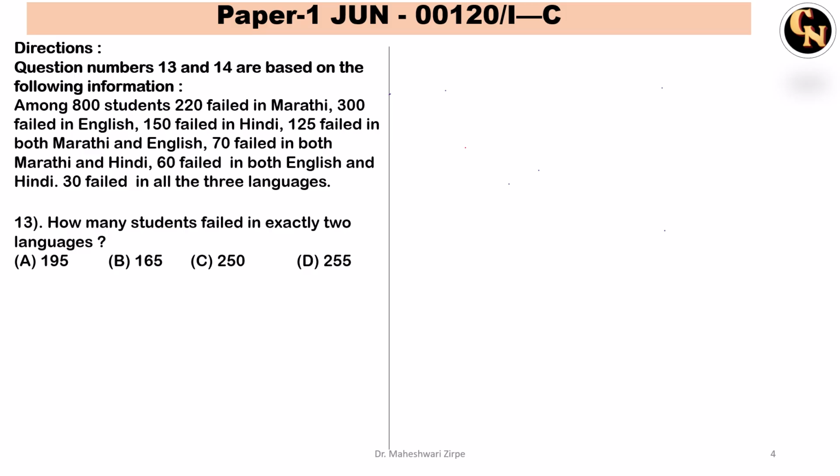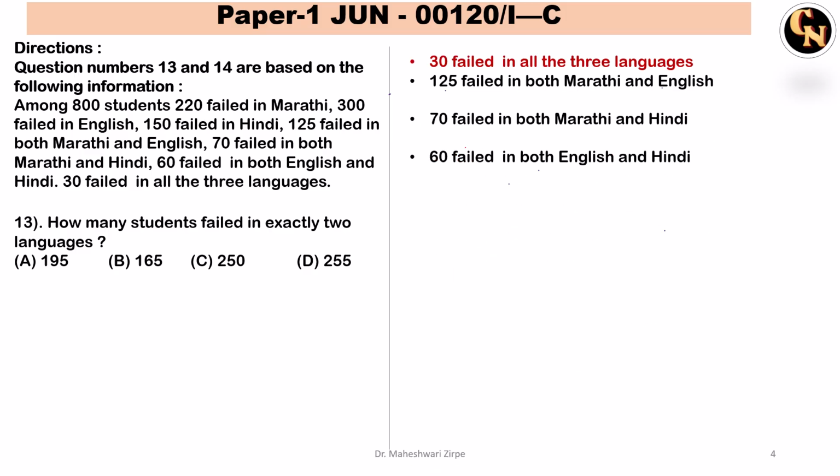So let us start. First of all we will write down the given data. Given data says that 30 failed in all three subjects. Next, they have told us that 125 failed in both Marathi and English.